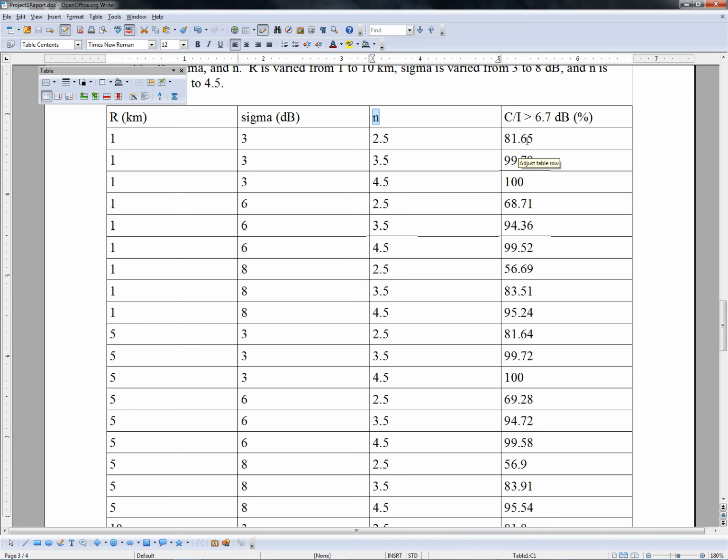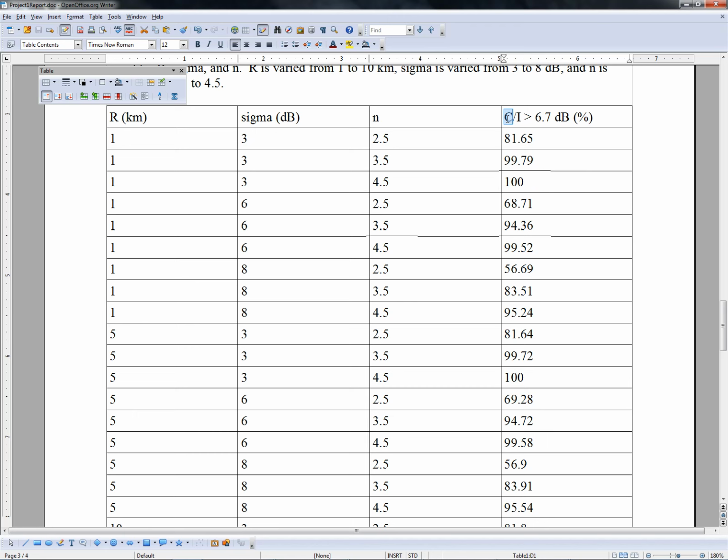I noticed that as I increased the value of the path loss index n, the C to I ratio increased. At first this confused me because I thought that the signal loss would weaken the signal, which it does, but it also weakens the interference signals. And because the distance from the receiver to the home station is smaller than the distance from the receiver to one of the closest 6 interfering base stations, the effect of path loss on the interfering signals is significantly greater than the effect of path loss on the carrier signal.